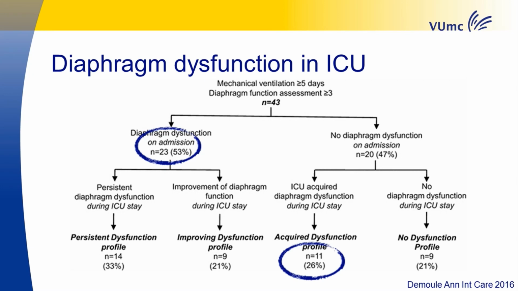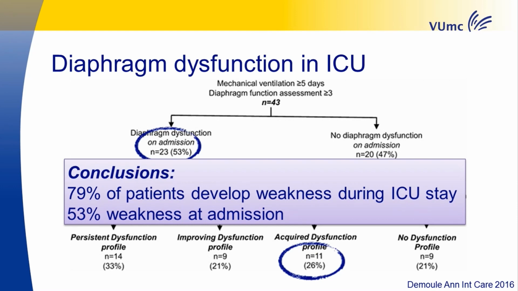And of the patients that did not fulfill criteria of diaphragm weakness on the first day, 26% developed diaphragm weakness somewhere during ICU stay. So weakness of the respiratory muscles in patients that are on the ventilator for at least 5 days is very common. In total, it's about 80%. It could be a little bit less, a little bit more, but it is an important problem in our patients, and everybody will recognize that, I guess.